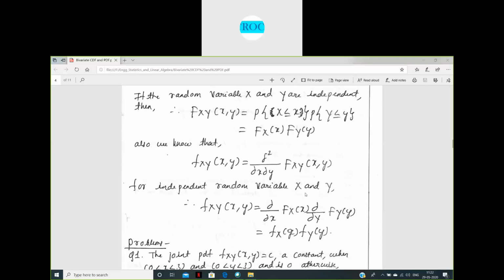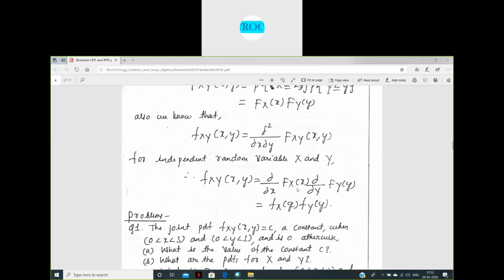Also we know the PDF is the derivative of the bivariate CDF. Now when these two random variables are independent, how do you write this? It is the derivative of F_X(x) times the derivative of F_Y(y).